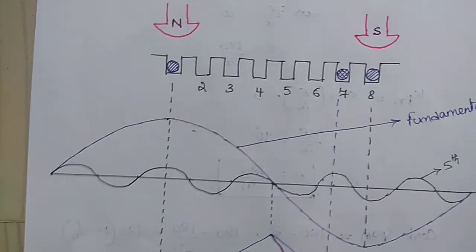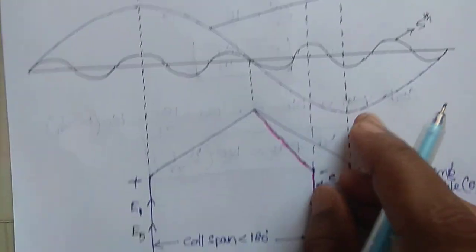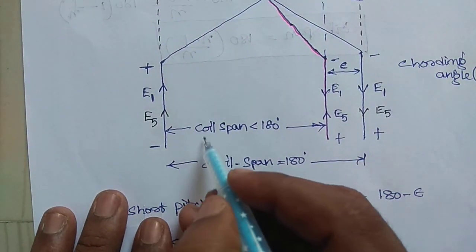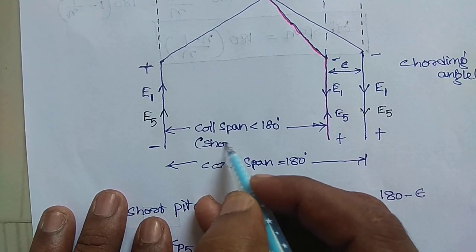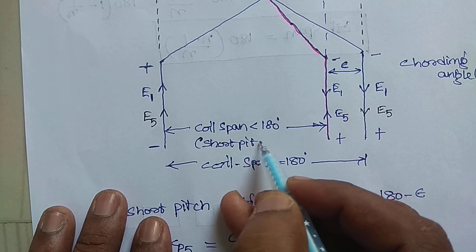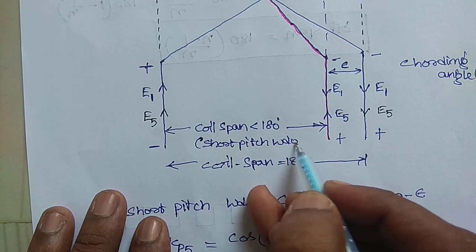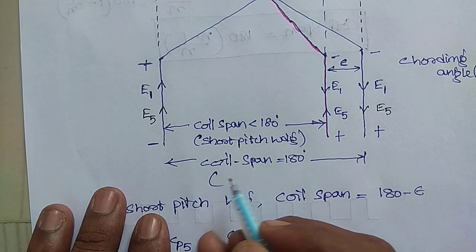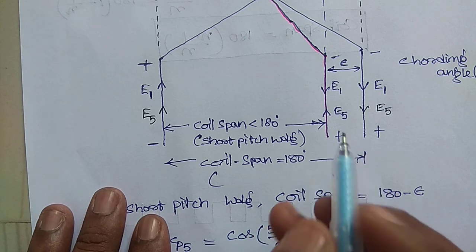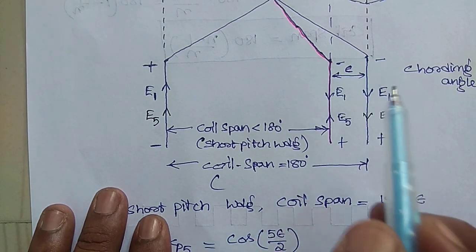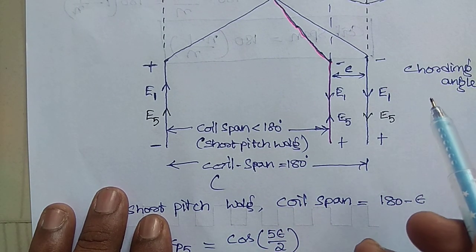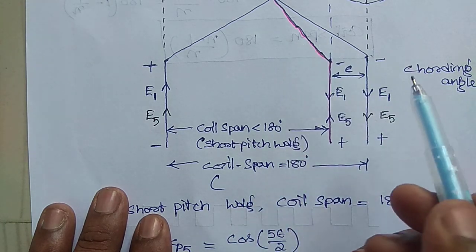But one thing, by using this short pitch winding, that is, where the coil span is less than 180, we can eliminate the dominant harmonics only. Dominant means 5th and 7th only.